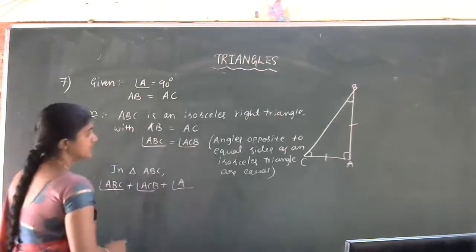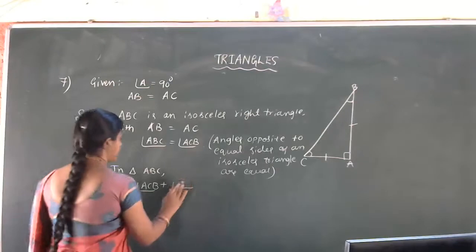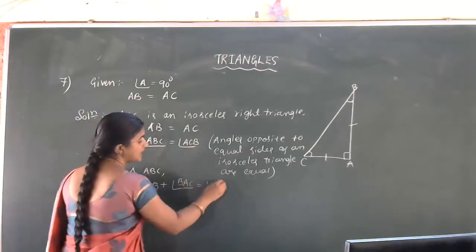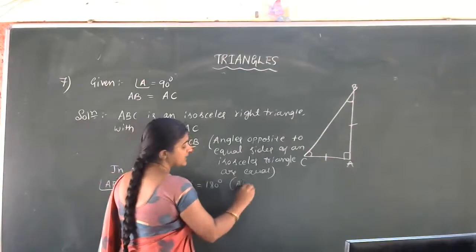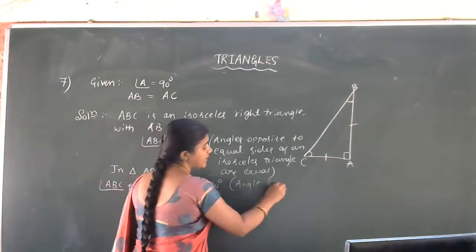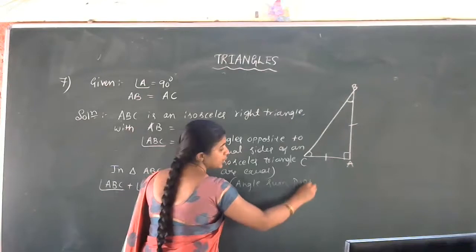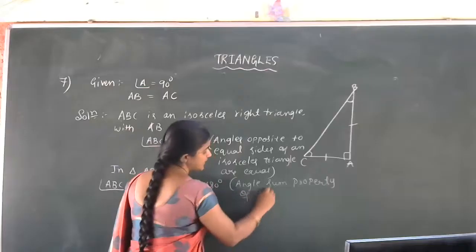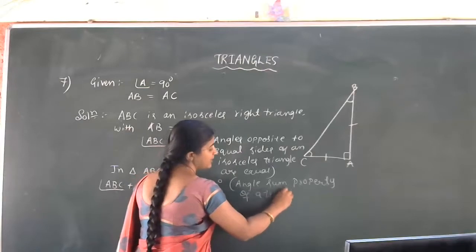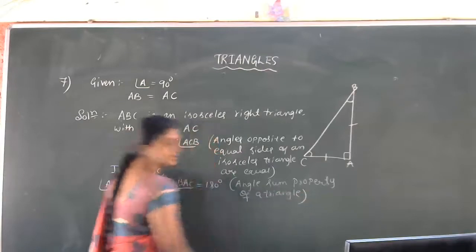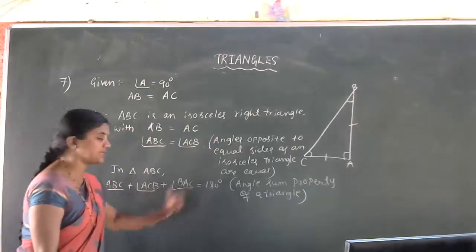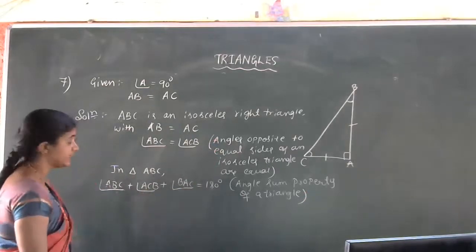Okay. Let us write down the given data. Given: ABC is an equilateral triangle, with AB equal to BC, which is equal to AC.